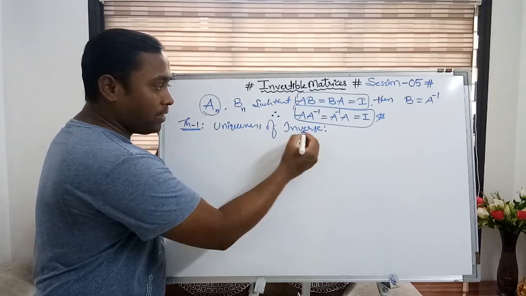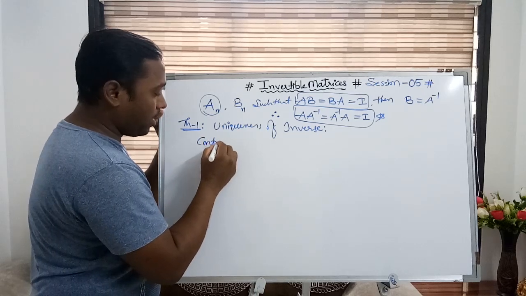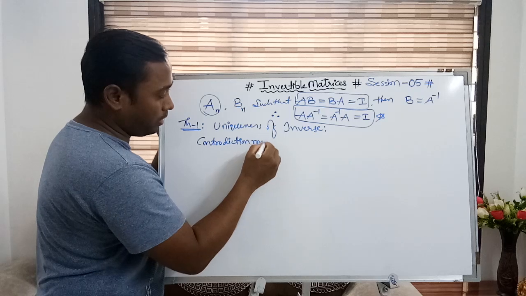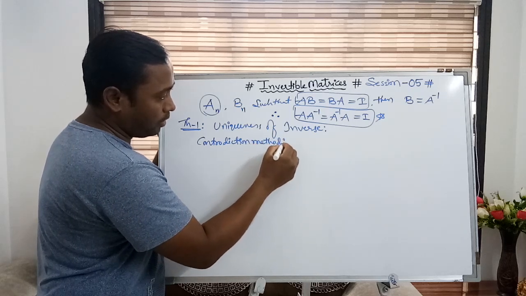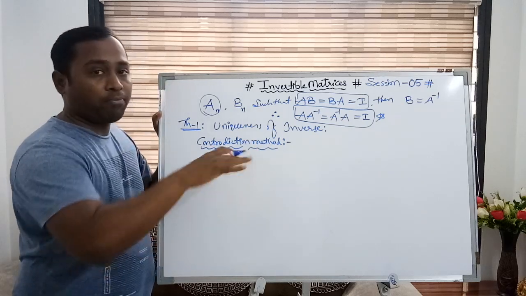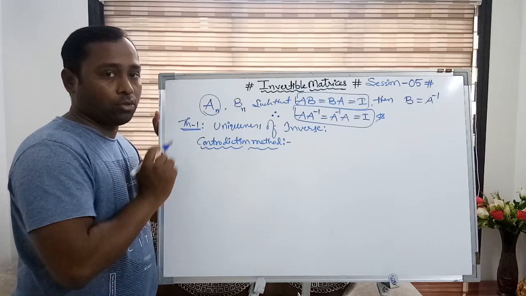Now, to prove this statement, I am taking the contradiction method. You know, we use this contradiction method many times. What does the contradiction method say? We assume something which is against the given statement, and then we prove that our assumption is wrong.